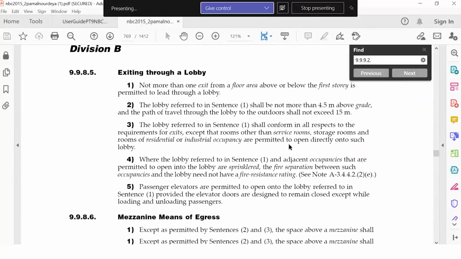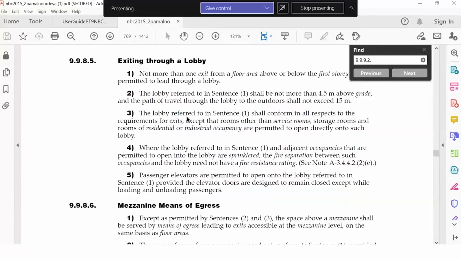Exiting through a lobby. This is where the lobby shall conform to all requirements for exits, except that rooms other than service rooms are okay. The lobby shall be not more than 4.5 meters above grade, and the path of travel through the lobby to the outdoors shall not exceed 15 meters. So not more than one exit from a floor area above or below the first story is permitted to lead through a lobby.